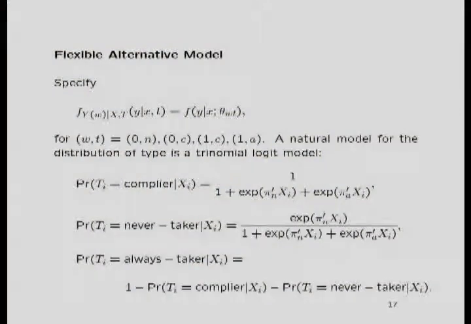So an alternative way of setting this up, that doesn't impose any restrictions beyond the exclusion restriction and the random assignment assumption, is to think directly of modeling the potential outcomes given the covariates.